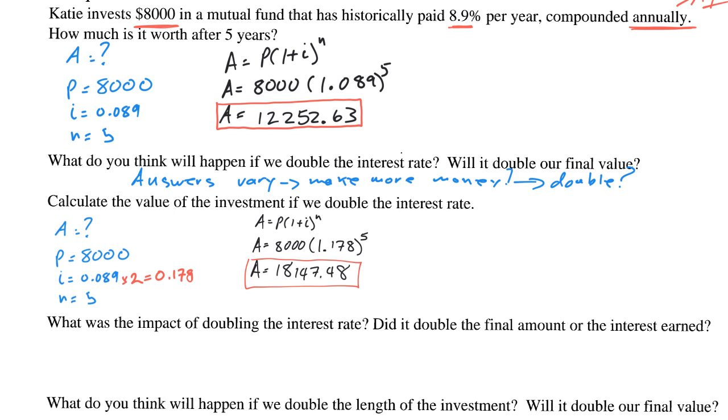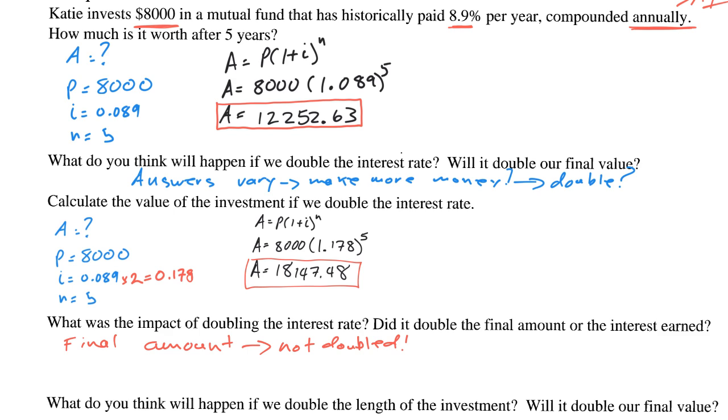Did it double the amount of the interest earned? Well, the final amount was not doubled. It wasn't doubled. But let's take a look at what the interest earned for each of these was.